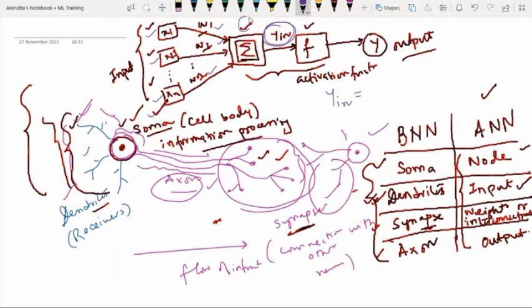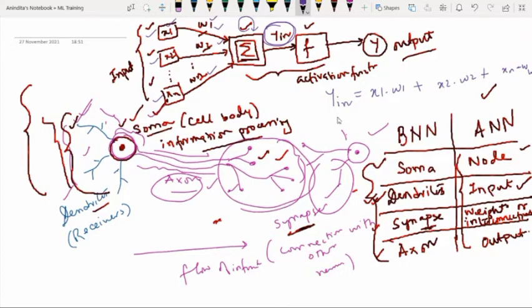So what information processing is done over here? See, each input and each weight will be multiplied, like x1 w1, then x2 w2 up to xn wn. Say, now here summation means we have to add them up.